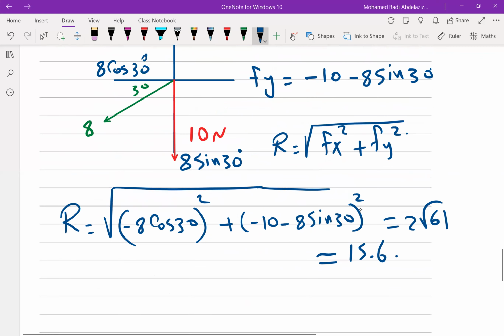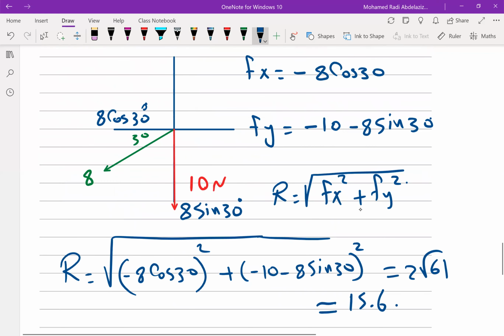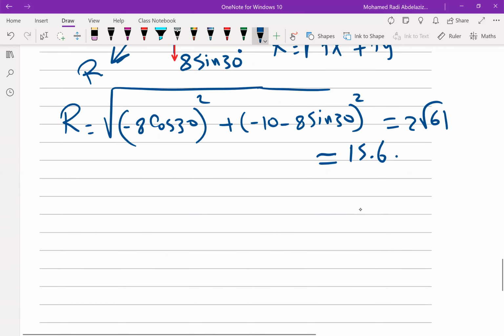To get the direction of the resultant, say the resultant will be in between like this. This is the direction of the resultant. You can find the measure of this angle by using shift tan, tan minus 1 of y over x.